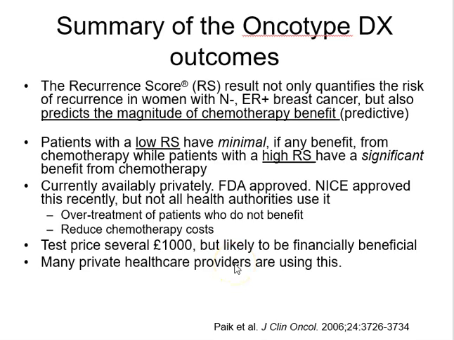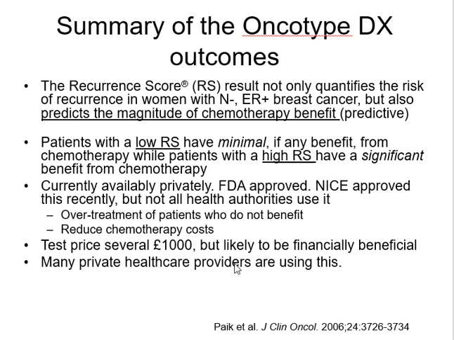Now this test is not currently all that widely used. It's used by some private clinics to test patients, especially under medical insurance. If a patient is going to either have chemotherapy or not, some of those insurance companies are using the Oncotype DX test to find out whether it is worth the patient having that chemotherapy or not.